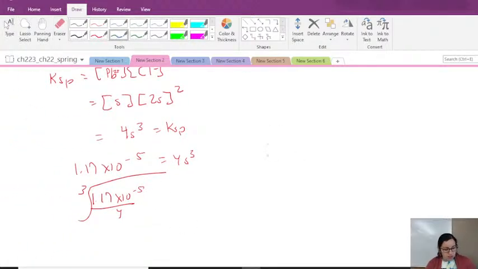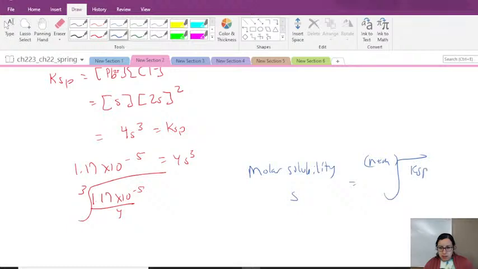We had just said that our molar solubility, so S, was equal to N plus M root of KSP over N to the N, M to the M.